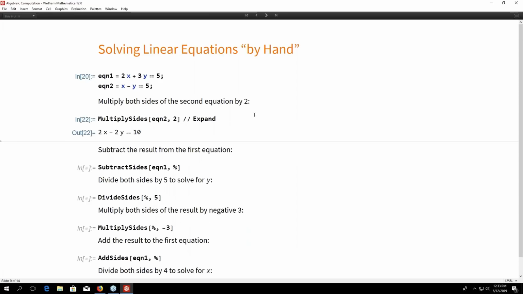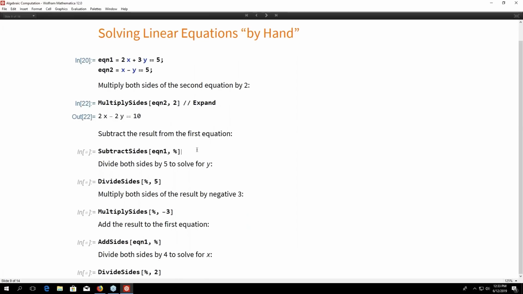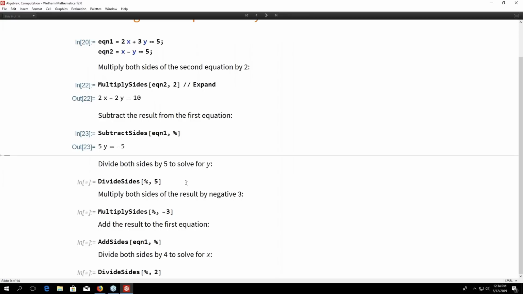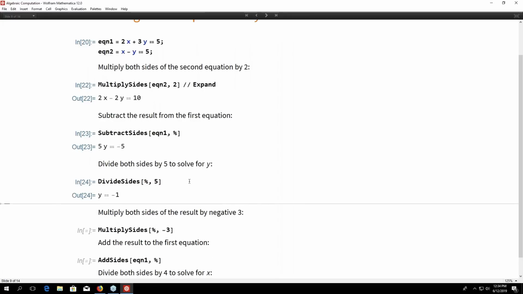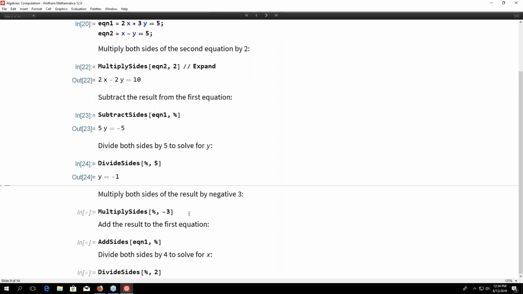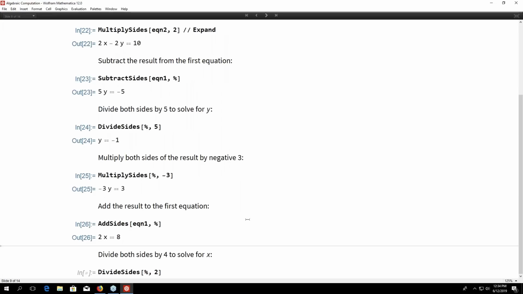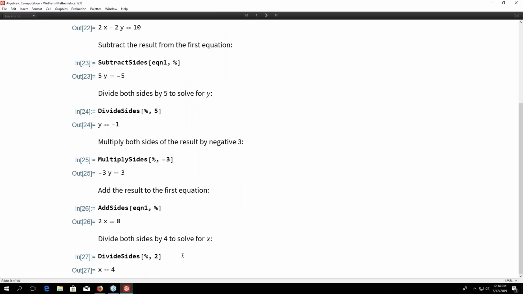Multiply the second equation by 2, subtract the result from the first equation, now divide sides by 5, and we get the solution for y. And to get the solution for x, we multiply the last equation by -3, add the first equation, and divide both sides of the equation by 2, and we get the solution for x.